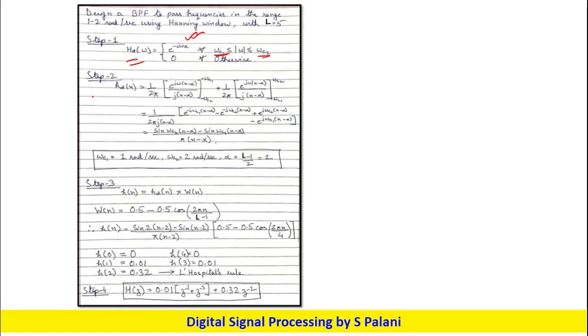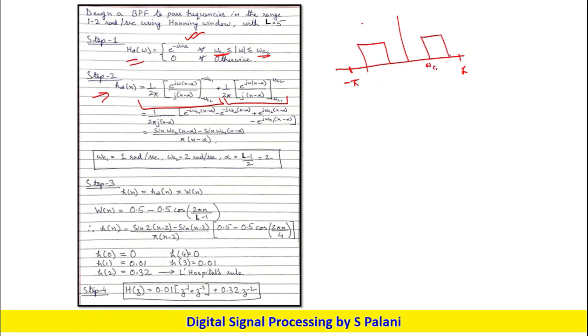Similarly, we will get two components, minus of omega c2 to minus of omega c1, and here omega c1 to omega c2. Okay, how we got? This we have already discussed, but still I am telling you.